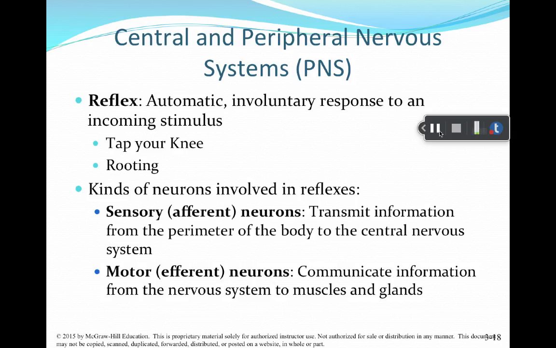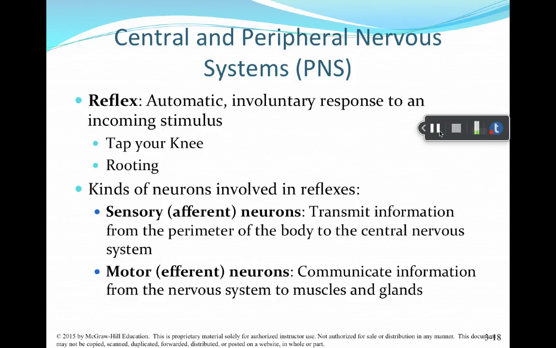When we are talking about reflexes, there are two kinds of neurons involved. Sensory neurons, which are afferent neurons, transmit information from the perimeter of the body to the central nervous system. And then the motor neurons communicate information from the nervous system to the muscles and glands.